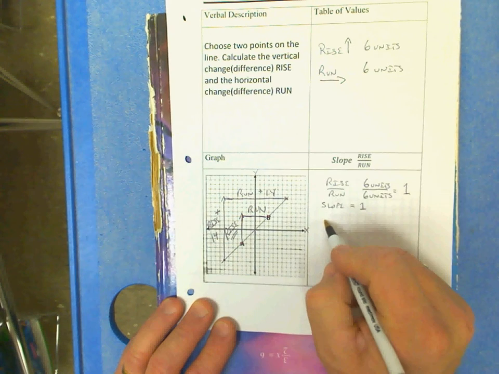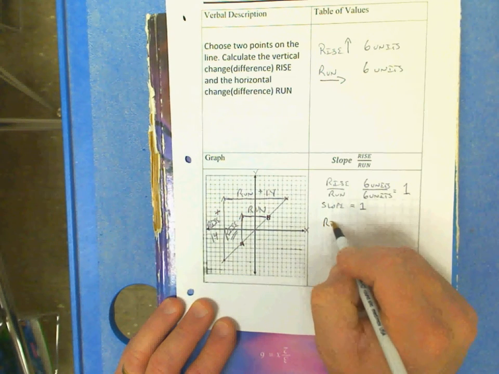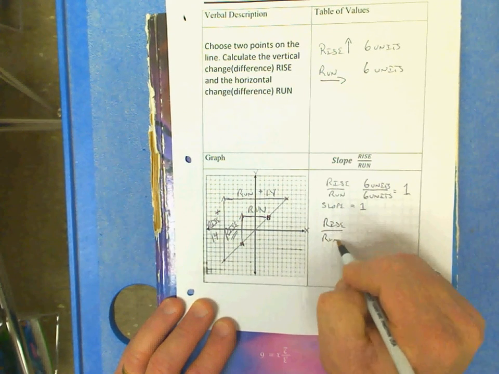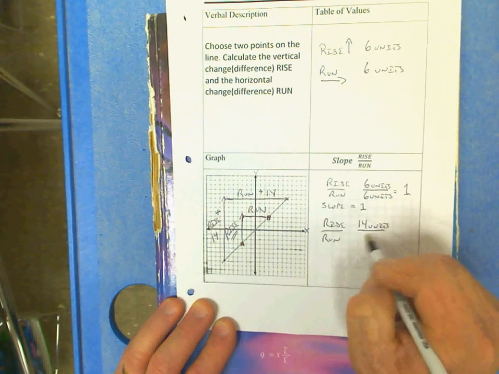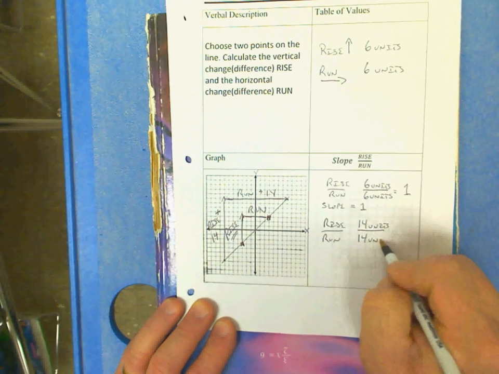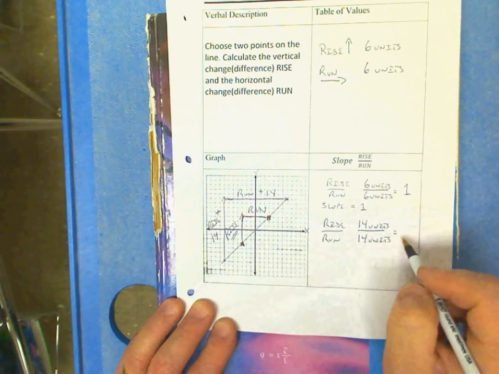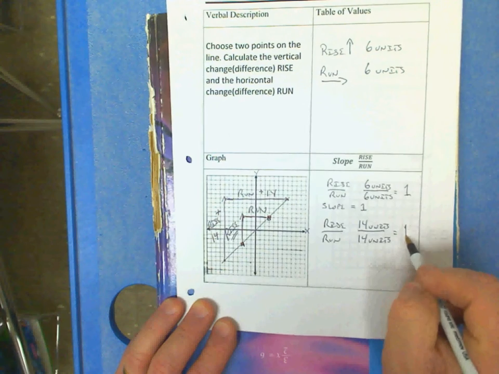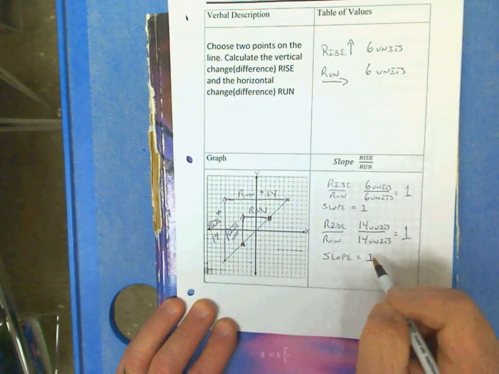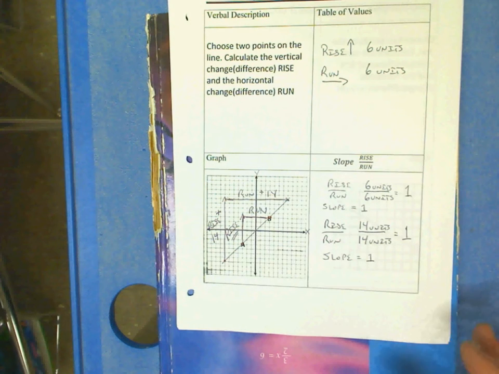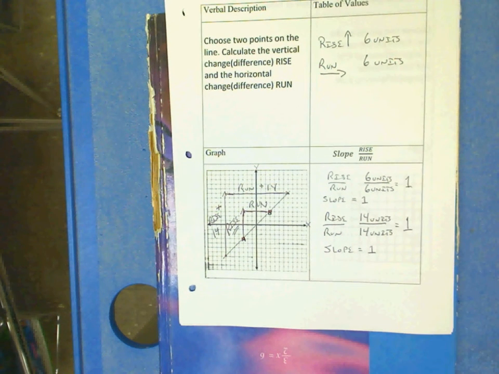So I have my rise over my run, 14 units over 14 units. And what is 14 over 14 reduced to? Dorian? 1. My slope is 1. So just like we spoke about yesterday, it doesn't matter what points you pick on the line, the slope is constant. The slope's not going to change on a straight line. So we've got a slope of 1.